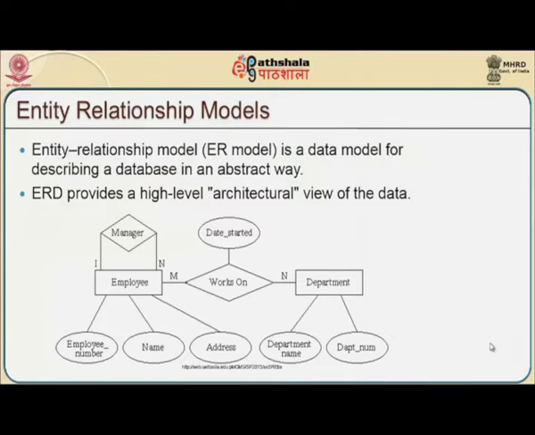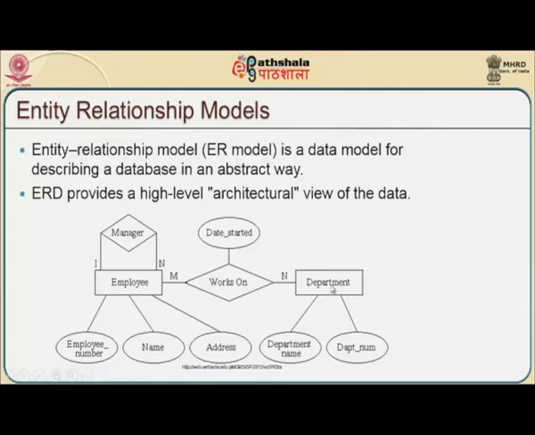One other representation is the entity relationship model. This entity relationship model is a data model for describing a database in an abstract way. If I have to give a relationship between an employee and a department, then I put a relationship called works on.